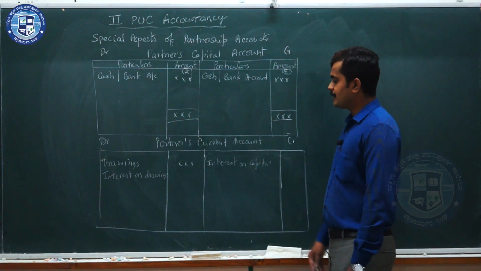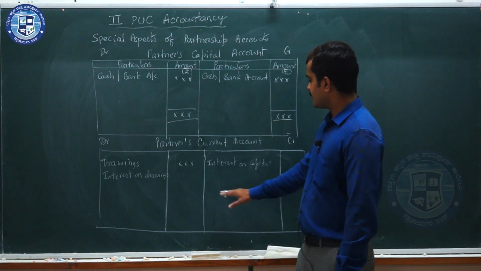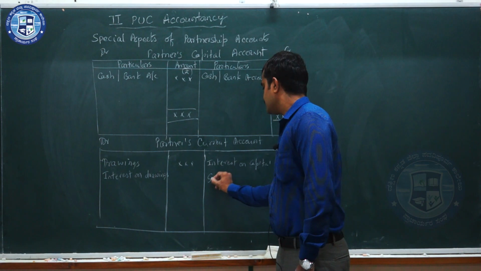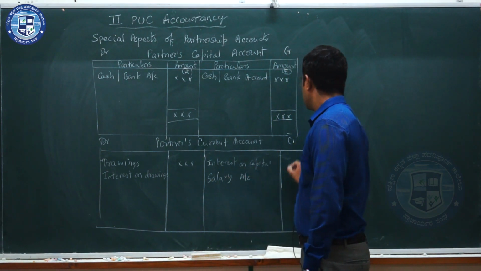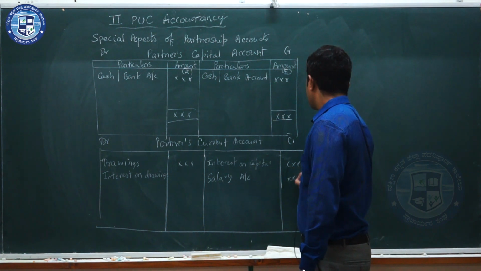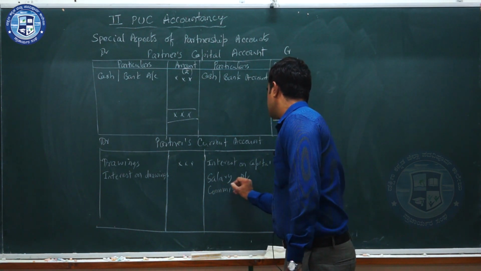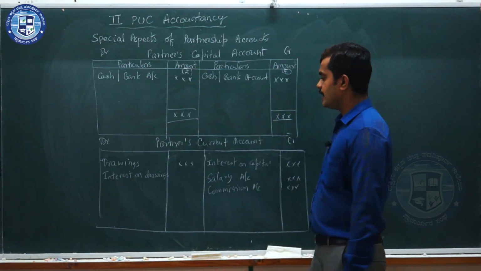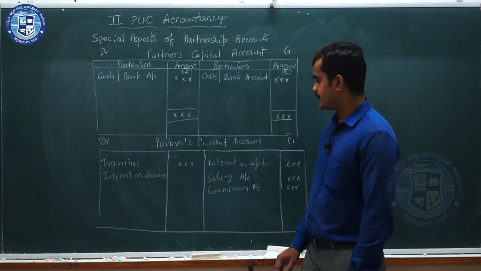After that, we have remuneration to partners like salary or commission. For that, salary or commission account debit to partner's current account. That will come on the credit side of current account. After that, the last one, that is share of profit or loss to the partners.